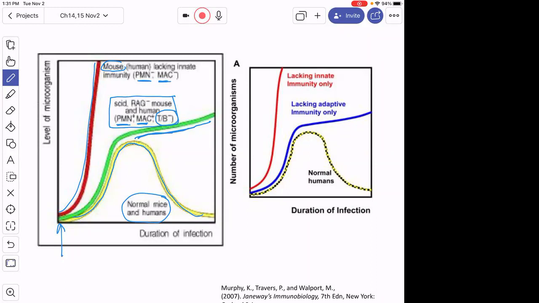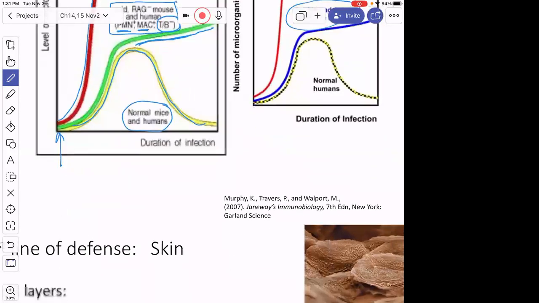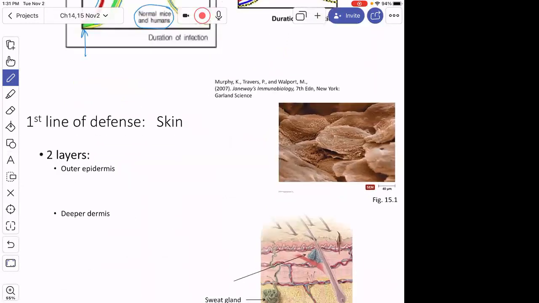So even though they can make B cells and T cells, those don't get the right stimulation to act. And that mouse is not going to live very long right there. So it turns out that we are going to live a little bit longer if we're lacking adaptive immunity, but obviously we want to have both. All right, so it's kind of not a good situation either way.